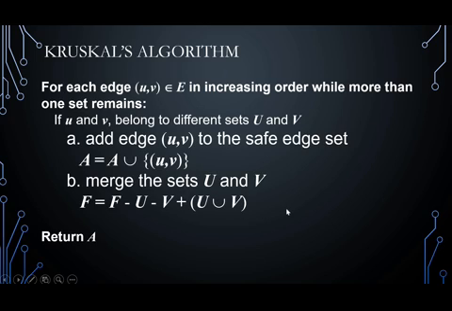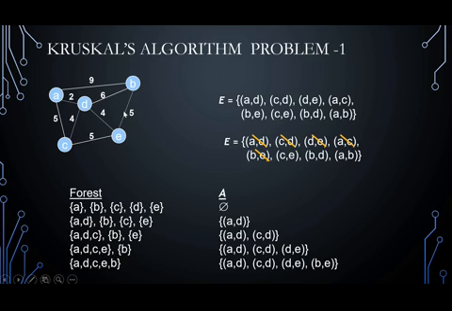Is it tough? No, right? So we will try to solve a problem using Kruskal's algorithm. So the first problem, the number of vertices that I have is 5, A, B, C, D, E. So first I will create a forest A, B, C, D, E. Then I will create a solution set A, which is initialized to null set.